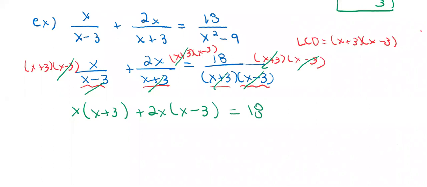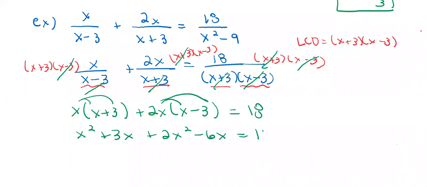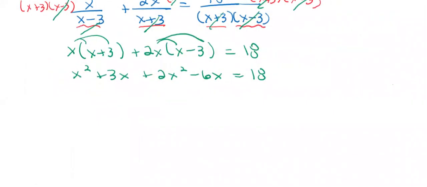All right, let's distribute now. So this first term, I get x squared plus 3x. In the second term here, I'm going to get 2x squared minus 6x, all equal to 18. All right, let's go ahead and combine like terms. So the x squareds are going to add up to 3x squared.